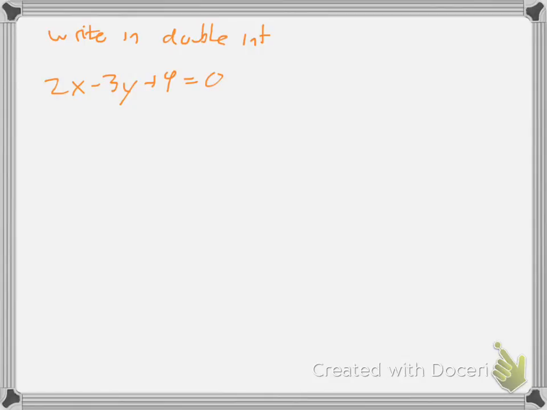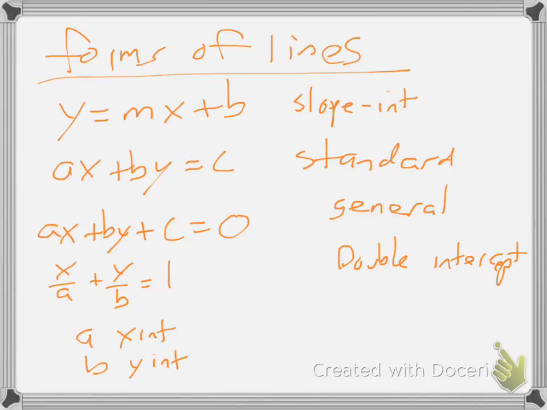Write it in double intercept, which means I want x and y to be over a fraction or over a number. Okay, I'm going to back up. I want it to be in the very bottom form, set equal to 1. We want to write it like this. I want to write it in that form with a and b being its intercepts.